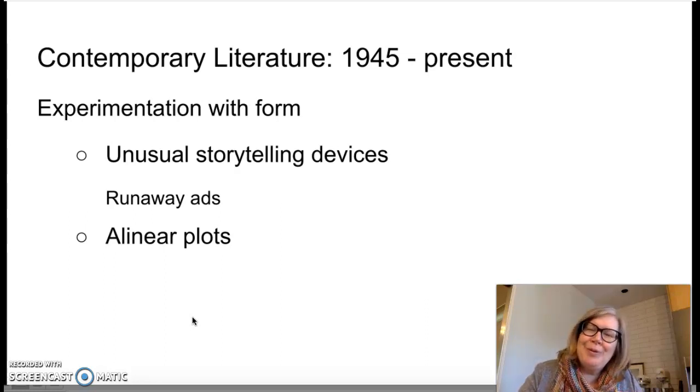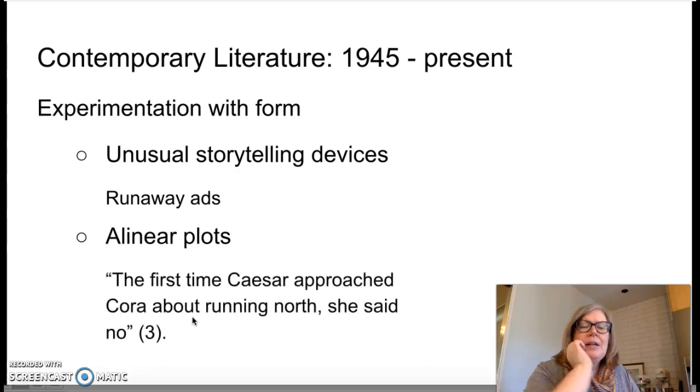Notice where he's referring to very specific historical events that may have happened before or after the actual period in which he's writing. Let's take a look at this first sentence. "The first time Caesar approached Cora about running north, she said no." So this first sentence tells us some stuff, right? It tells us that there's a man named Caesar, a woman named Cora.